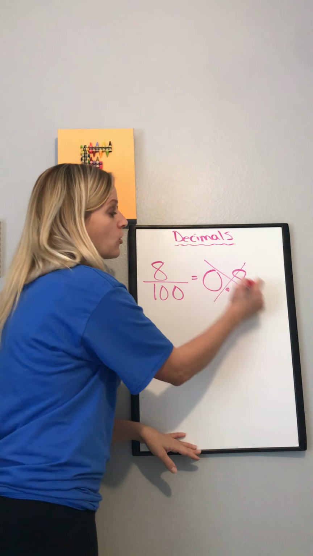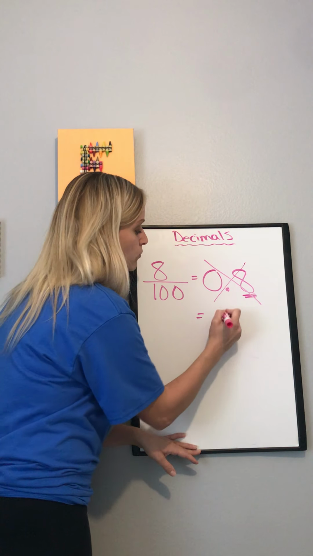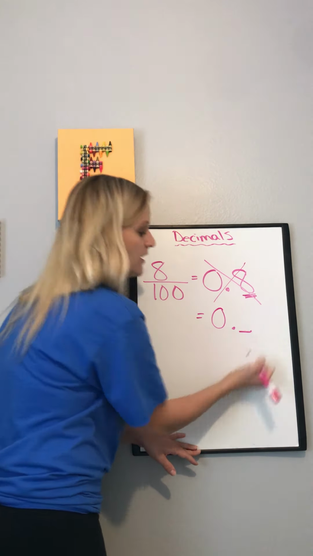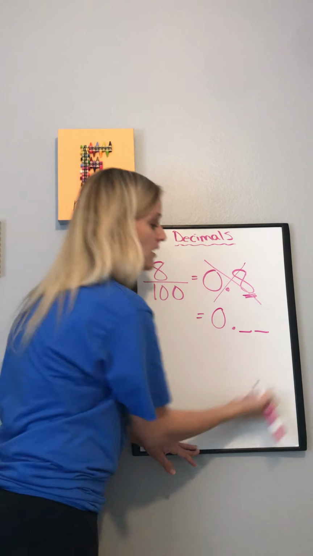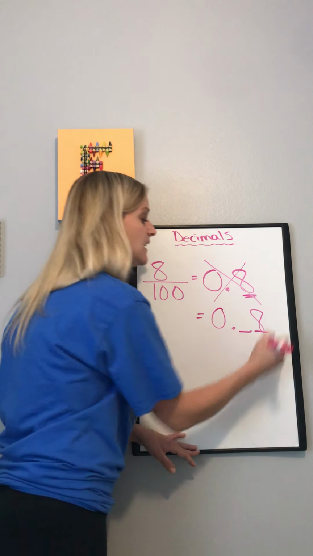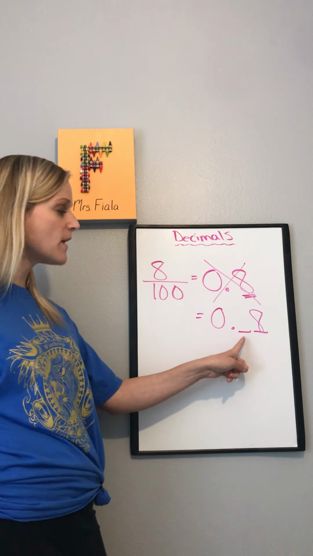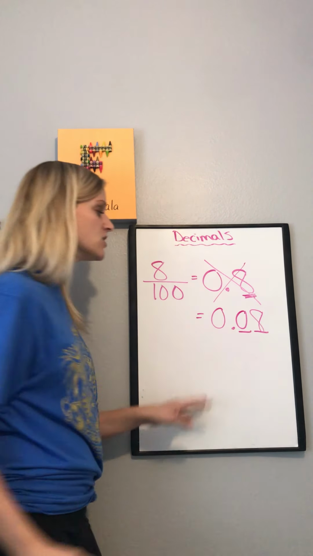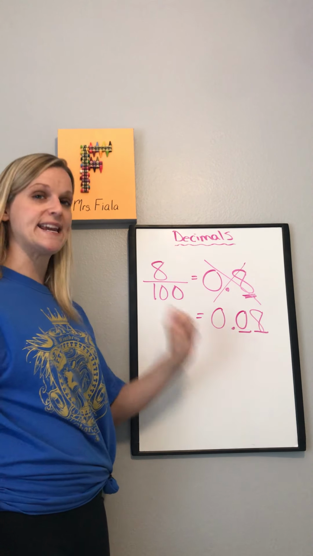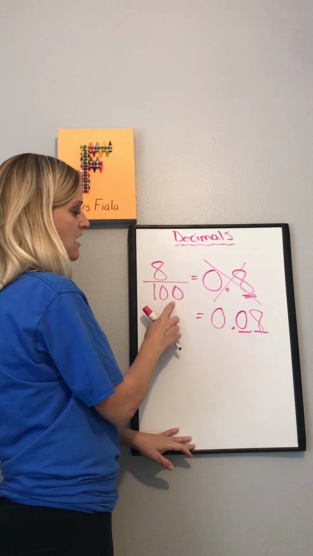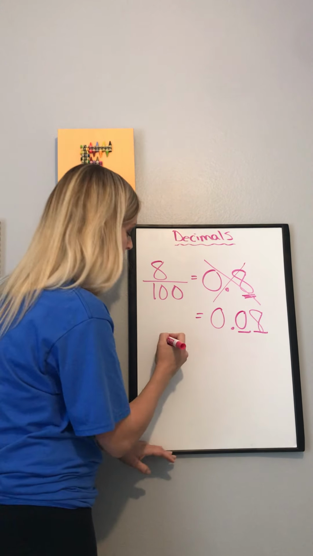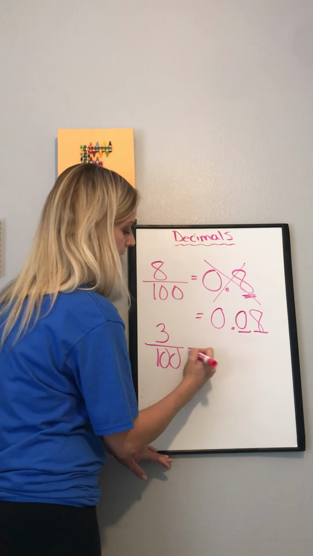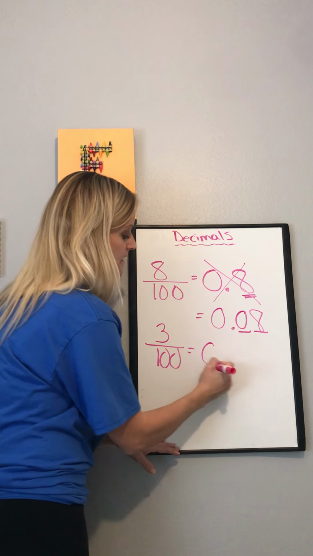So that is incorrect. So I need to write that with the 8 in the hundredths place. There's the tenths place. There's the hundredths place. I'm going to put the 8 in the hundredths place. So what do you think we have to put there in the tenths place? A 0. So it's 0.08. That is saying 8 hundredths. Okay? So if I had 3 out of 100, how would I write that as a decimal?